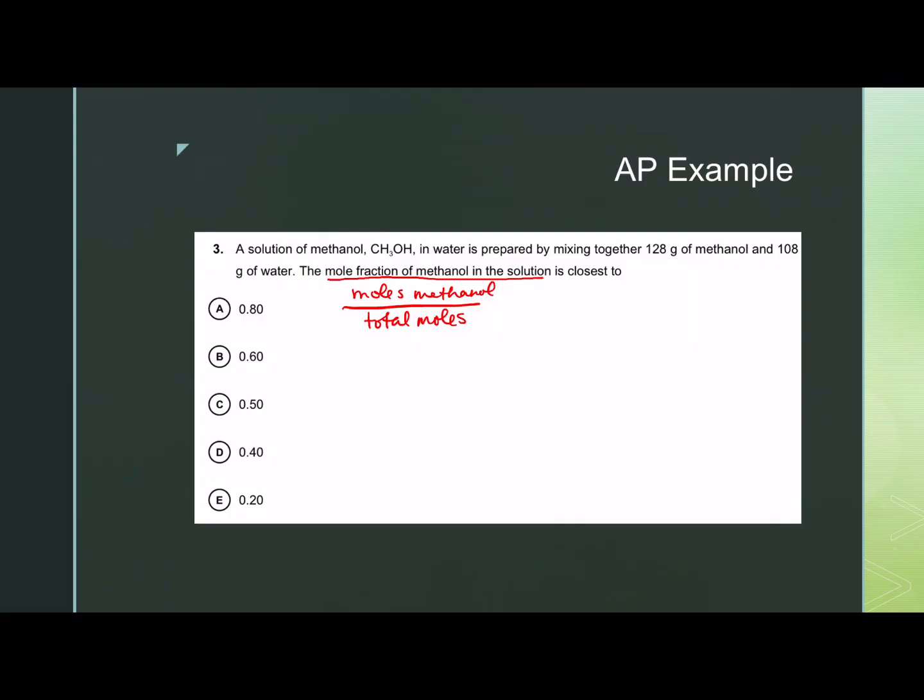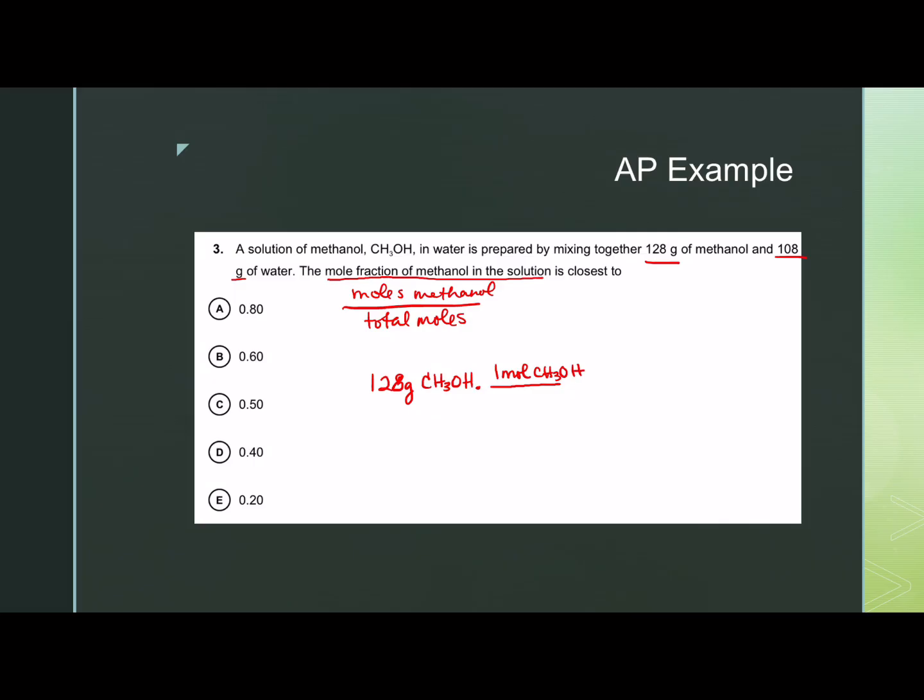So we need to do some dimensional analysis because we're given grams of these substances and we need to convert those into moles. So let's start with the 128 grams of methanol, and we convert that into moles of methanol, CH3OH, by calculating first the molar mass of this molecule.